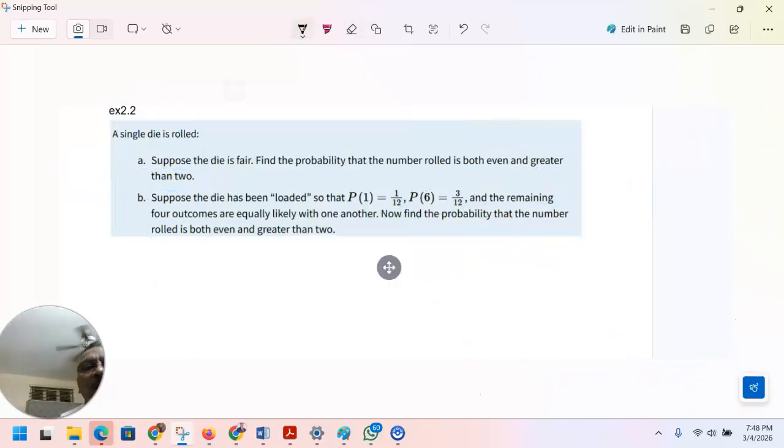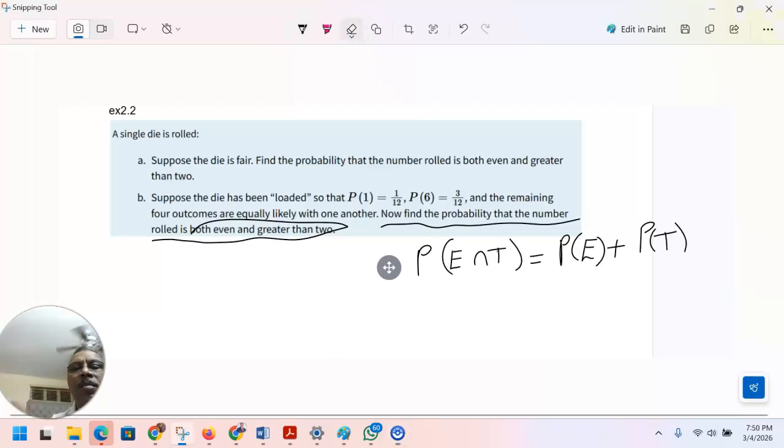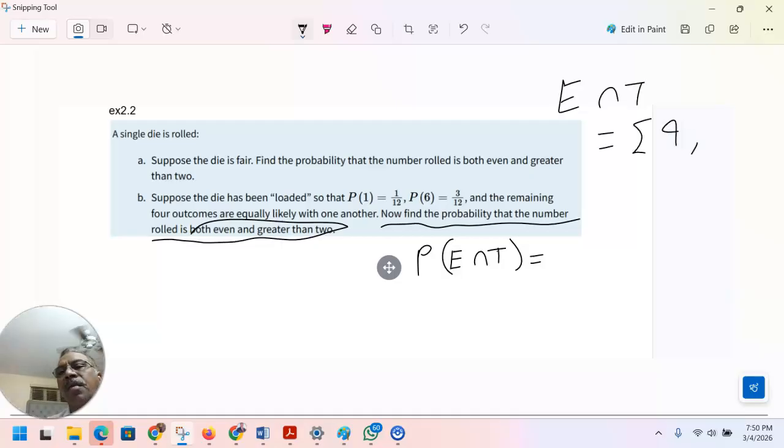The last question is: find the probability that the number rolled is even. First of all, we need to know what even means. It means there are only 4 and 6, right? So we can write probability of 4 plus probability of 6.